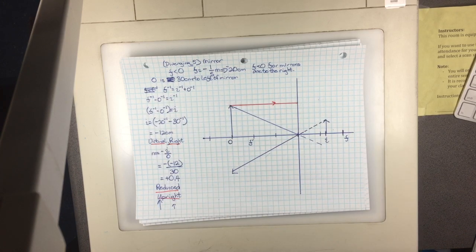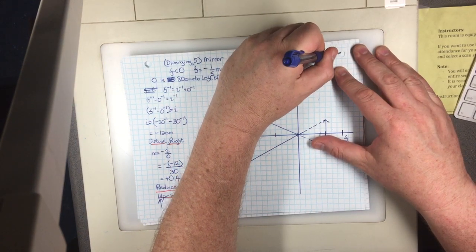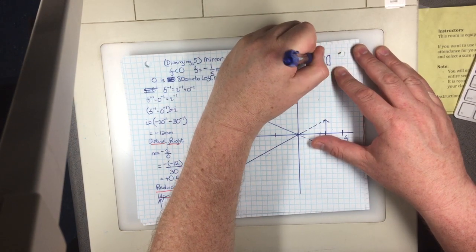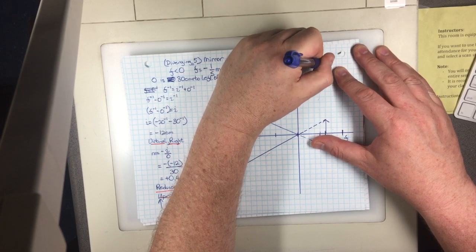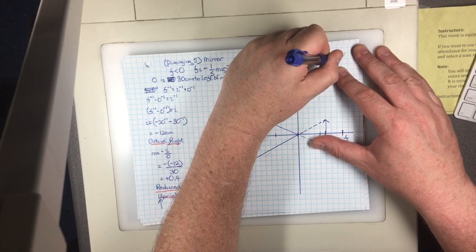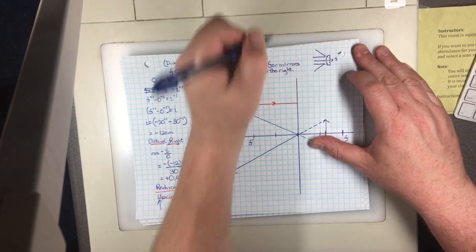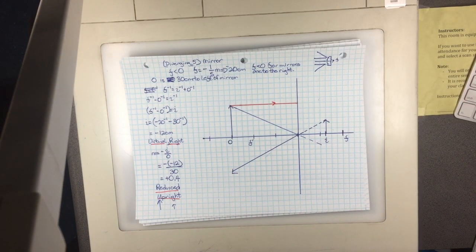For diverging mirrors, the parallel light bends away, but if you traced it, the traced ray or the dotted rays travel back to the focal point.